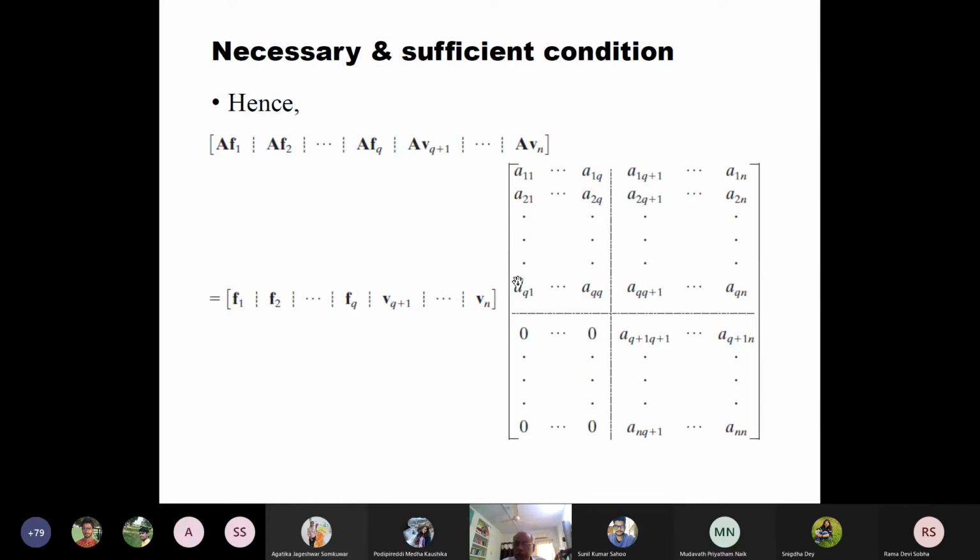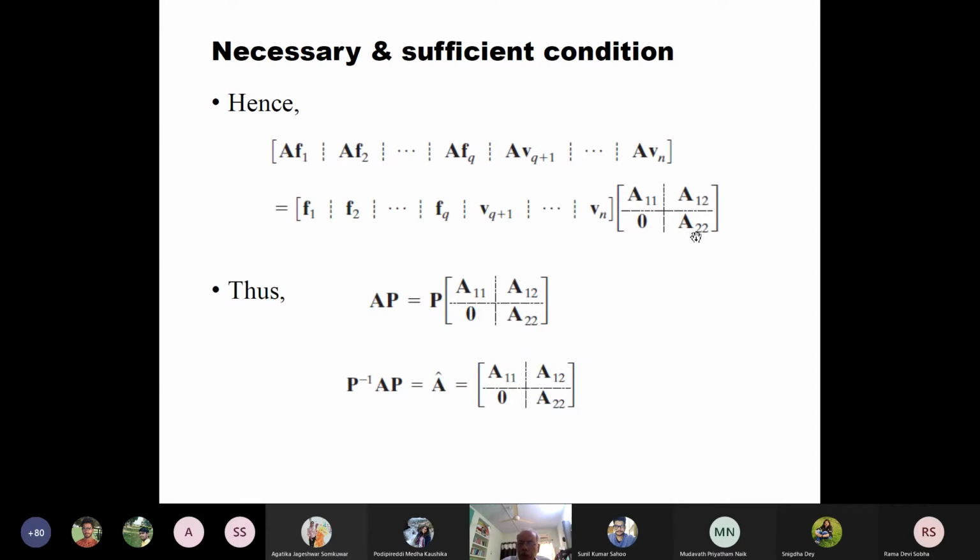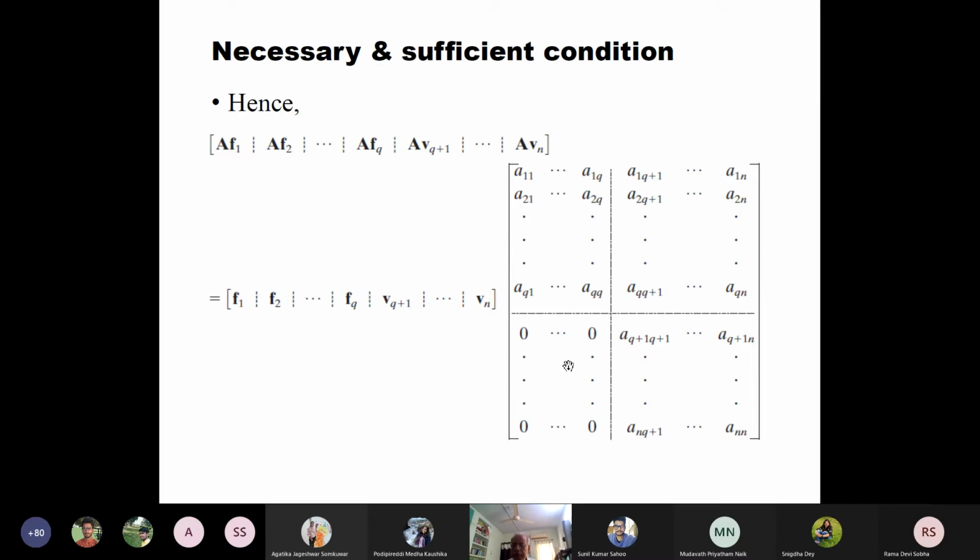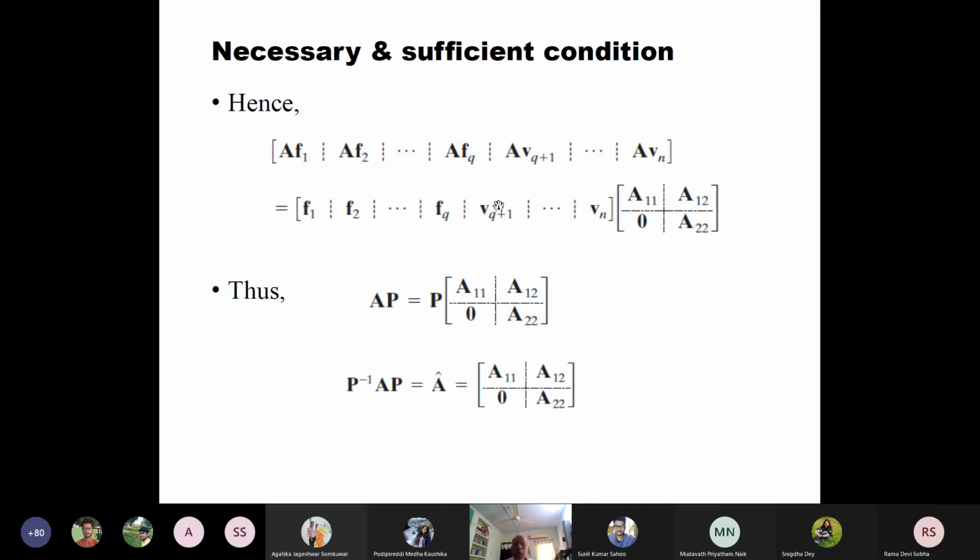Now I decompose this matrix in terms of Q linearly independent vectors and Q plus 1 to n linearly independent vectors. So I will have A11, A12, A22, and this term is basically 0.